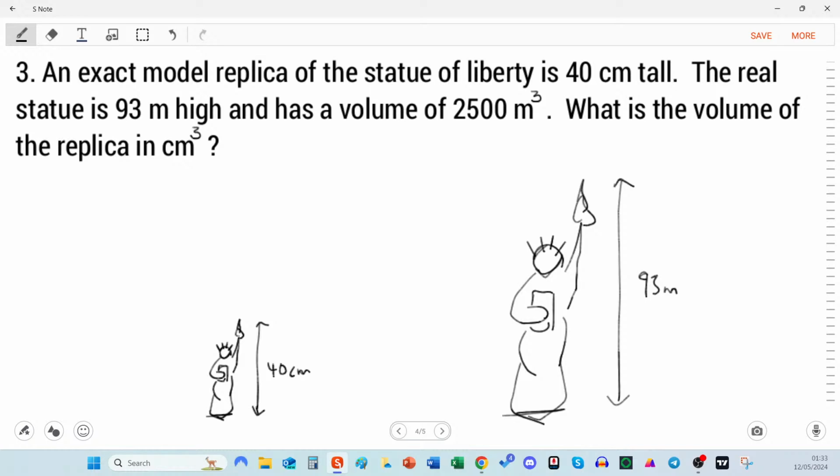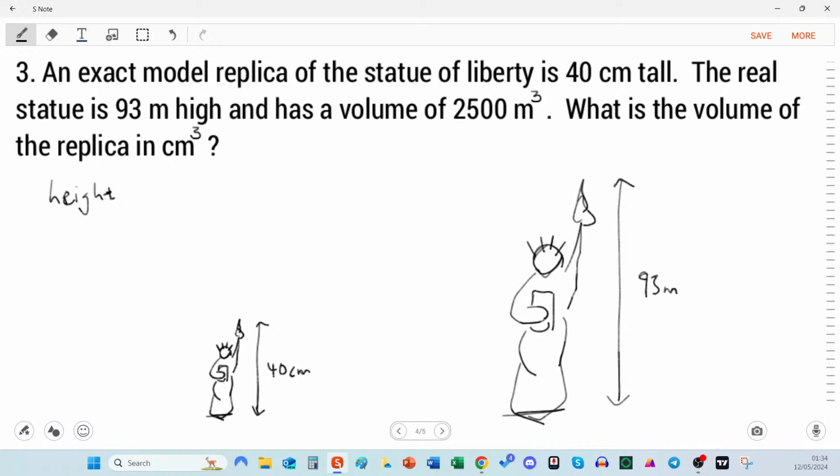And the connection is a one-dimensional connection. Height. And height is just measurement in one direction. So it's pretty straightforward to find how something scales up if you only care about one dimension.